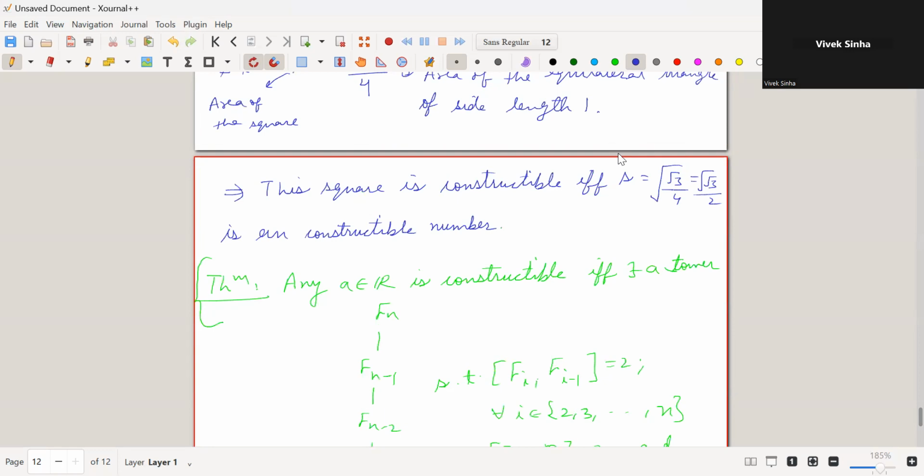And this 2 is already inside Q, so we can remove that. So this is a constructible number if and only if 3^(1/4), that is root of root 3, is constructible.